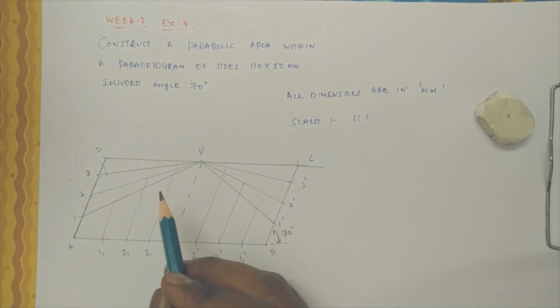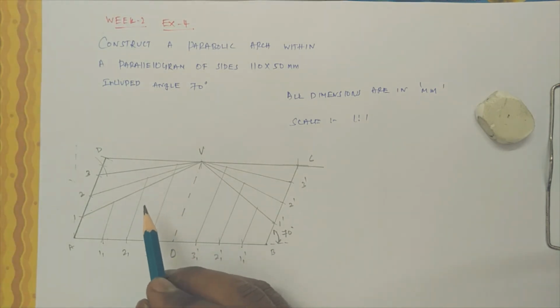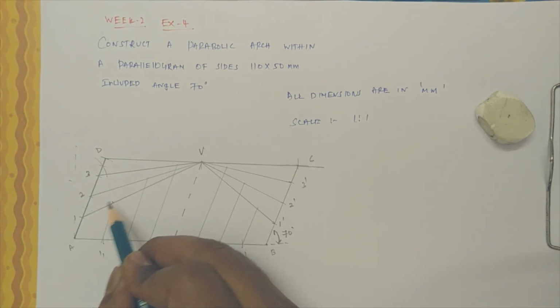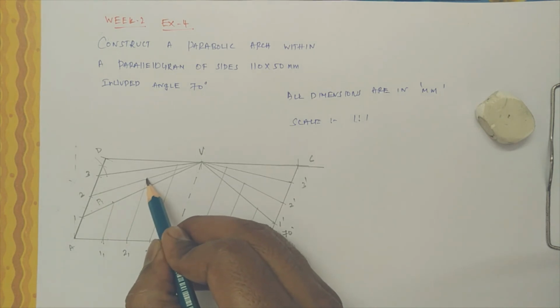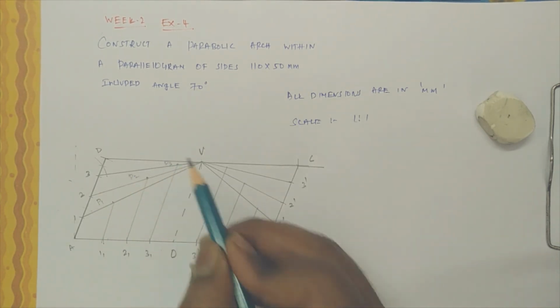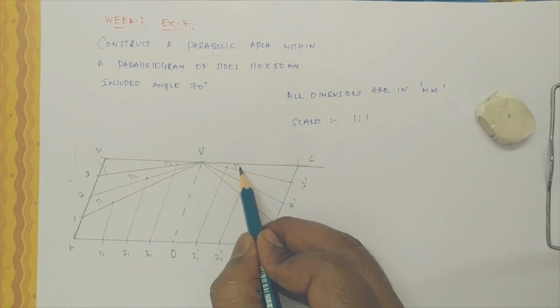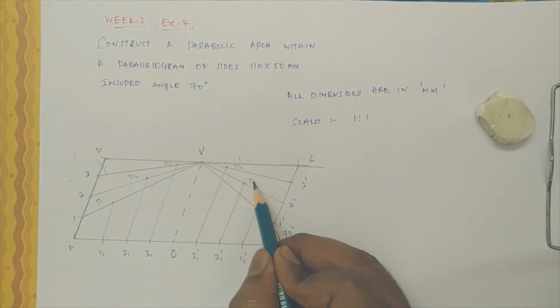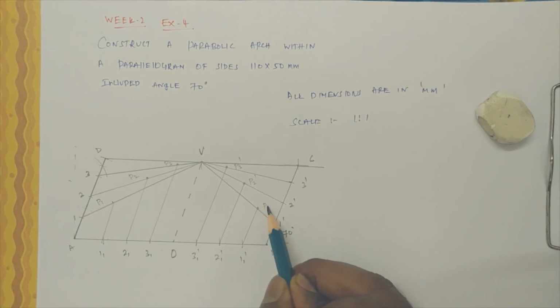So the points where it meets the previous divisions, you can name it. This is P1, this is P2, this is P3. Similarly P3 dash, P2 dash, P1 dash.